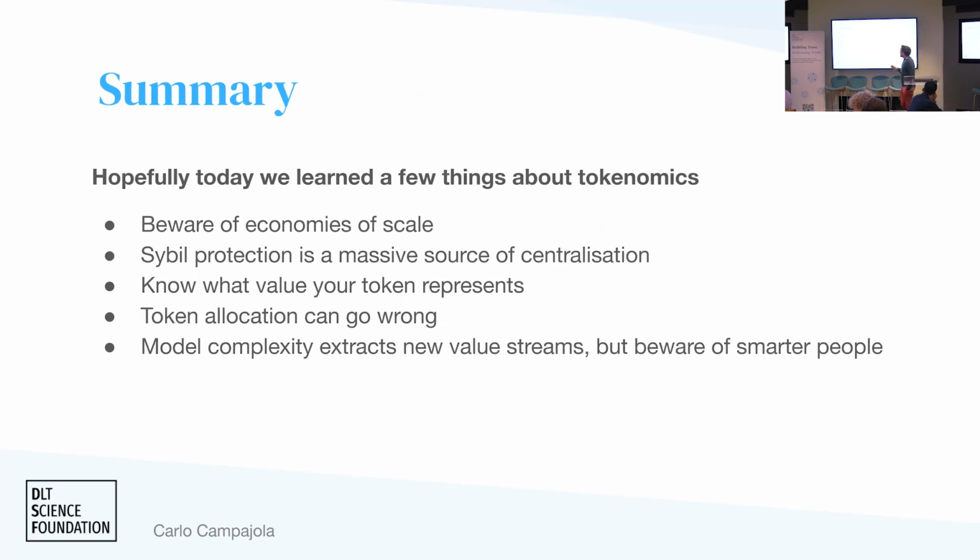So with this, I will conclude. Hopefully, among all this, you learned something about tokenomics: in particular, beware of economies of scale, knowing that Sybil protection is a massive source of centralization; in terms of design, know what value your token represents and the ways in which token allocation may go wrong; and also that model complexity extracts new value streams, but beware of smarter people.